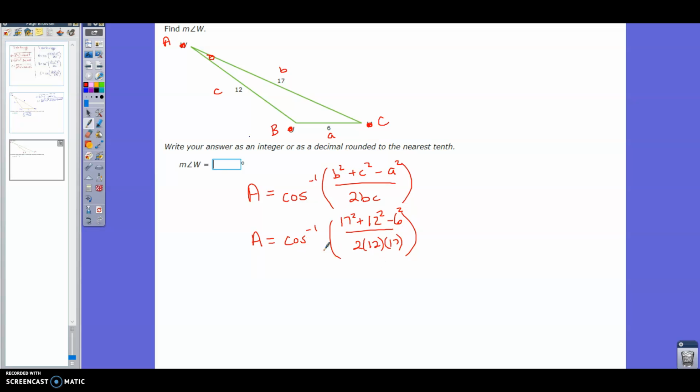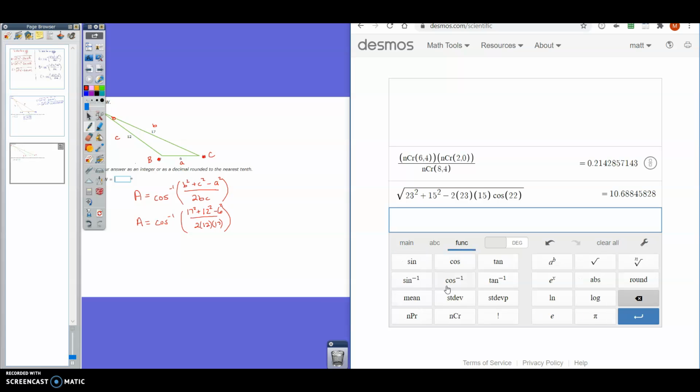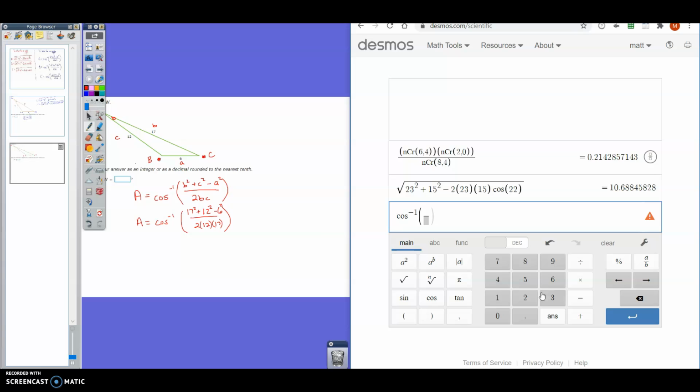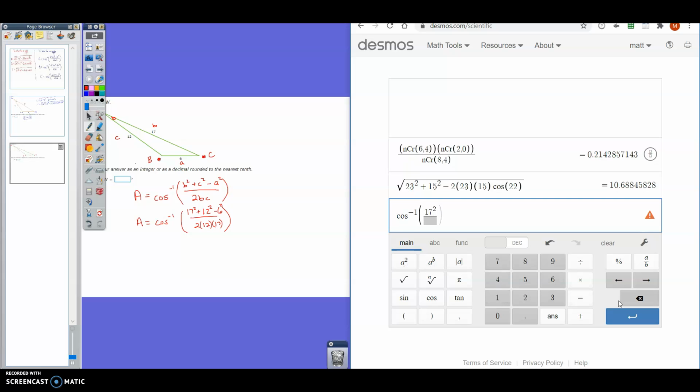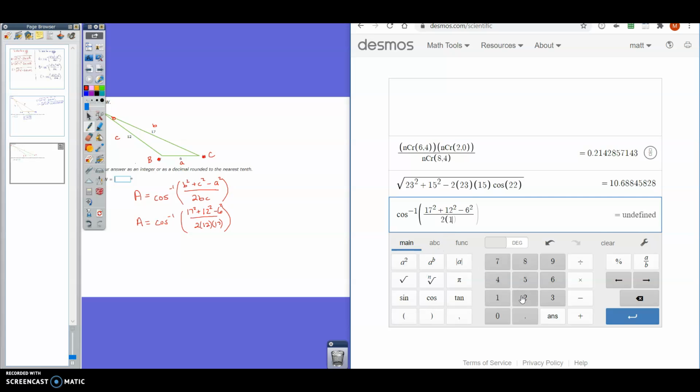So this we can type in the calculator. We want to use the inverse cosine, and then we're going to type it in just like it looks. 17 squared plus 12 squared minus 6 squared, and that's going to be over 2 times 12 times 17.